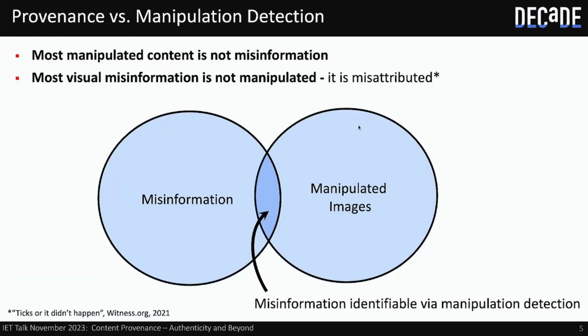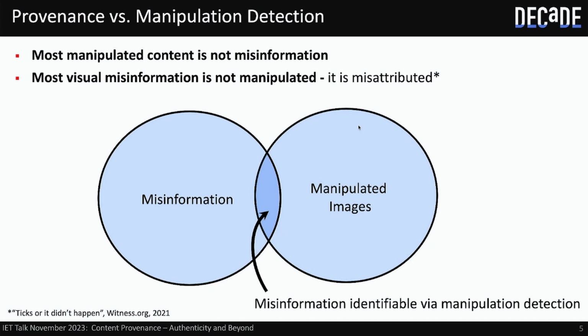And that's an important point to note as we go through this talk, because actually, when you think about it, this problem of identifying misinformation is not really equivalent to the problem of identifying manipulated or fake images. Human rights organizations like Witness.org will tell you that most visual misinformation circulated online isn't manipulated content.